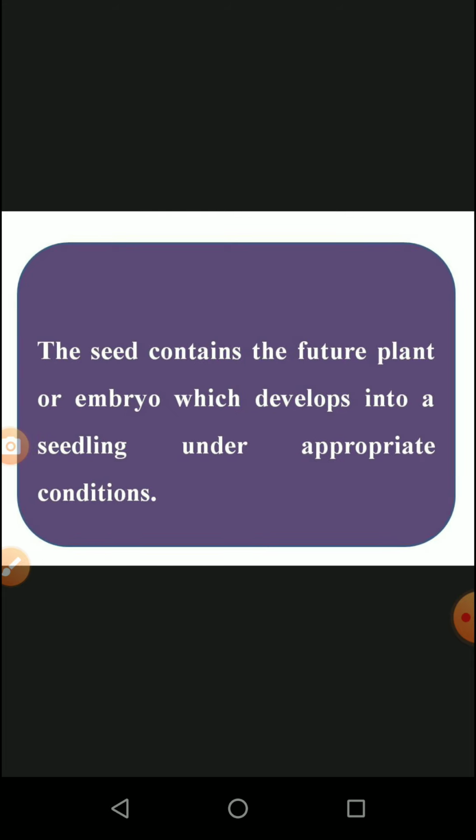The seed contains the future plant, the embryo, which develops into a seedling under appropriate conditions. For example, this is the mango season. The mango plantlet or seedling slowly develops into the mango tree. They are produced by flowers, which undergo pollination. After pollination, fertilization takes place.